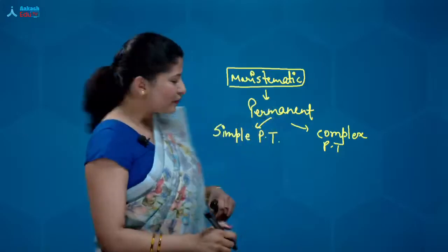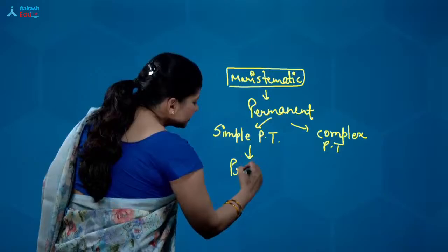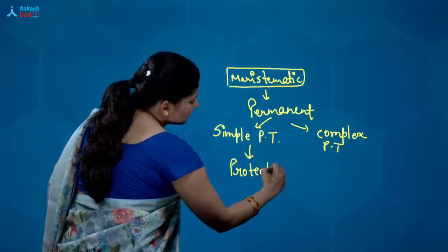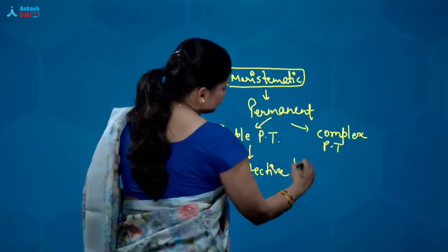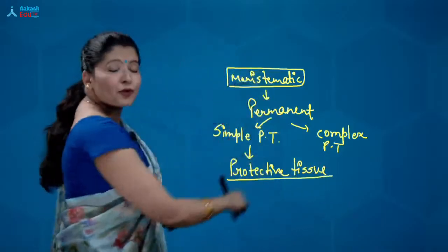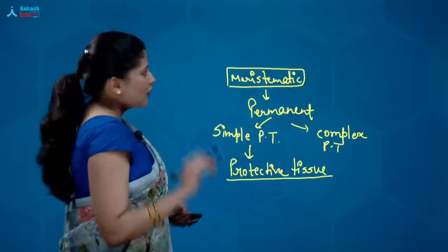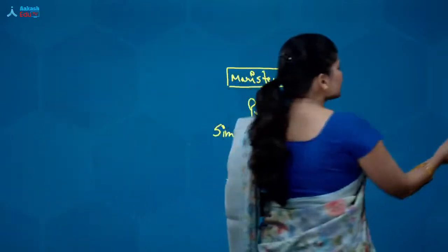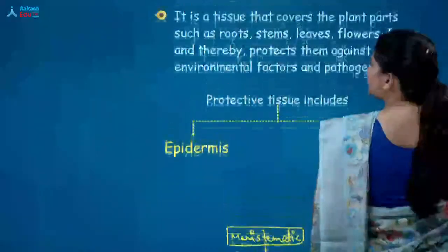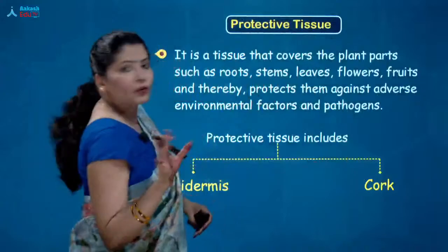So one more tissue we need to understand, we need to study, that is the protective tissue. So first we will study about this protective tissue and then we will move to the complex permanent tissues. So I hope plant के case में tissues का एक overview हम सब लोगों को समझ आ गया है, right? So let's start with the protective tissues.